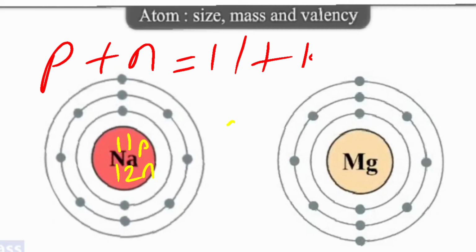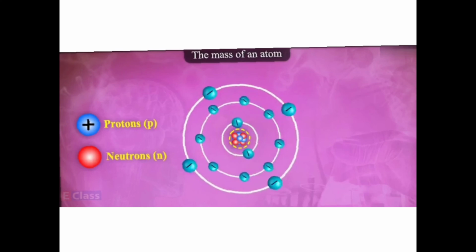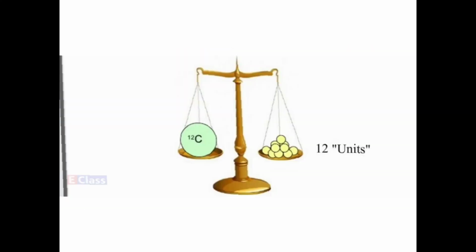Now you must be wondering, how is this all possible? So tiny things, then how are we able to weigh them? So what was done? As you know that protons and neutrons are there, I am going to take hydrogen as it is the smallest, the lightest one. These are my hydrogens.